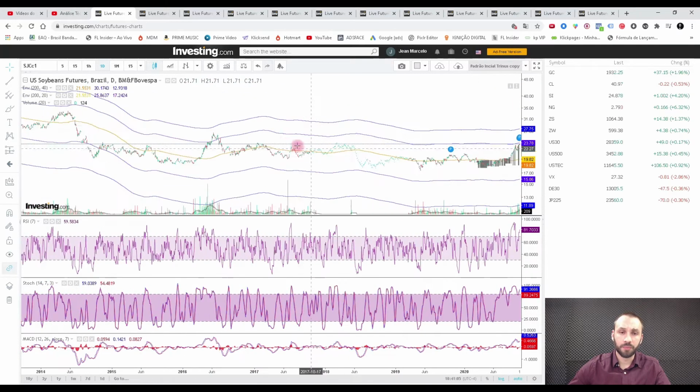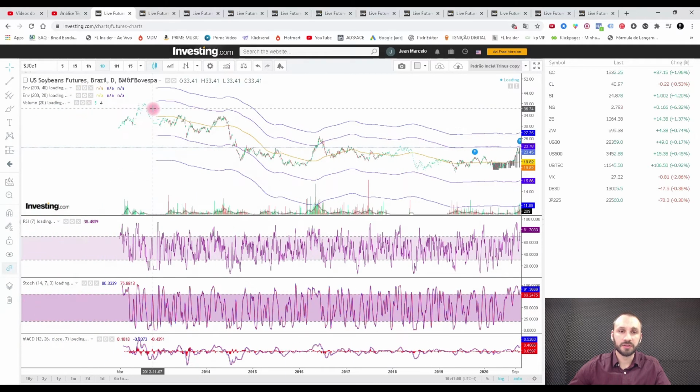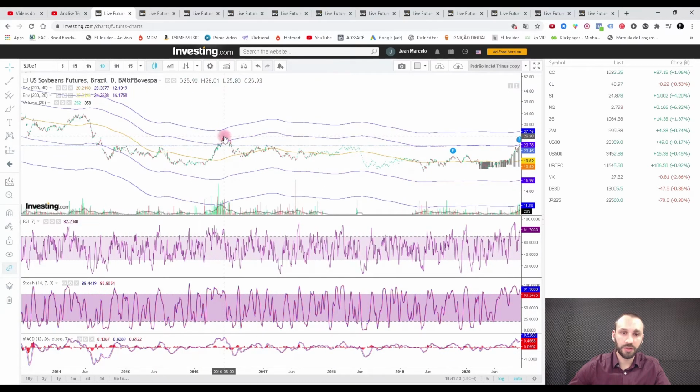Another time the price touched this line, look like this. On the 1st of June 2016, the price touched and passed this envelope, a very strange resistance. So what happened with this price?